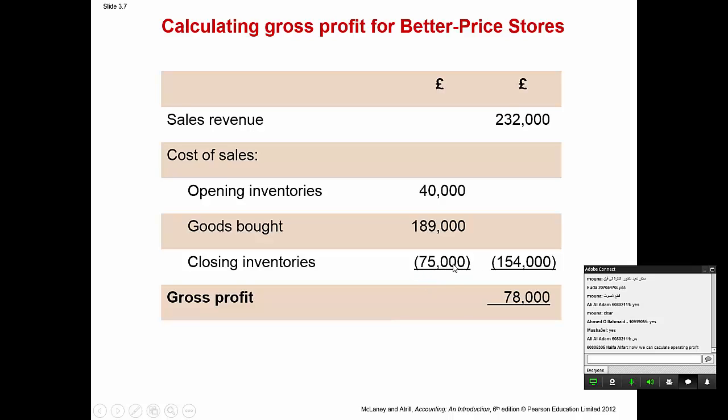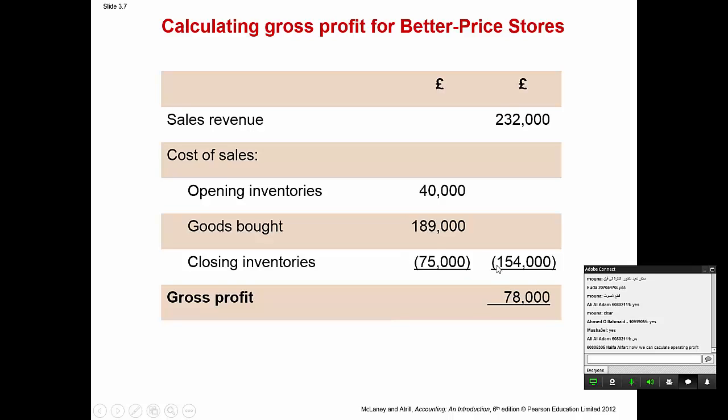So what's the cost of sales? How much did you sell during the year? You add the opening inventory to the goods bought and deduct the closing inventory from them.